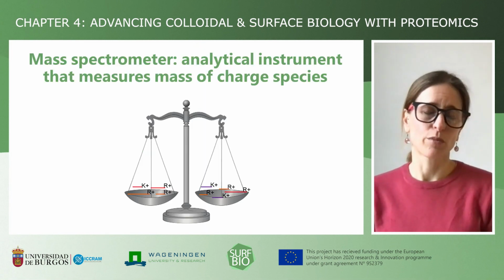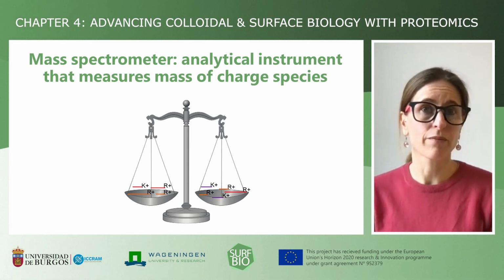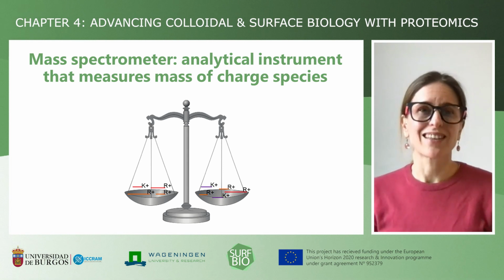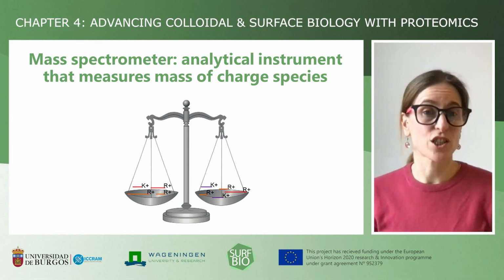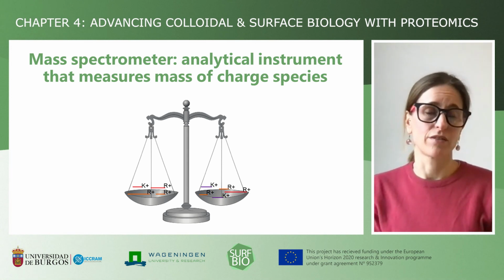How does a mass spectrometer help us in characterizing the peptides of a protein? A mass spectrometer is an analytical instrument that allows us to measure charged species. It is basically a scale for the peptides.